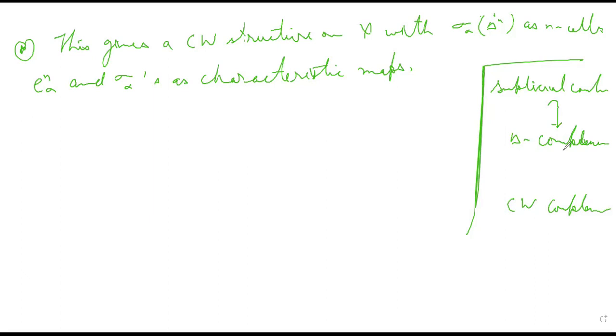Every simplicial complex is also a delta complex, and every delta complex is also a CW complex. So this is a generalization of this, and this is a generalization of this. We will discuss some examples of this.